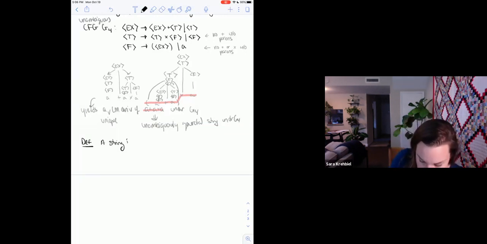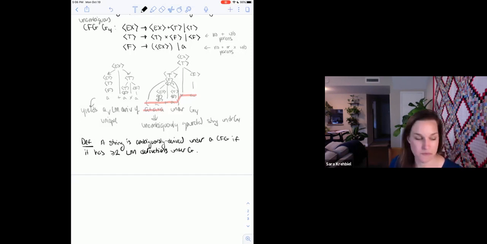So a string is ambiguously derived under a context-free grammar if it has at least 2 leftmost derivations under that grammar.